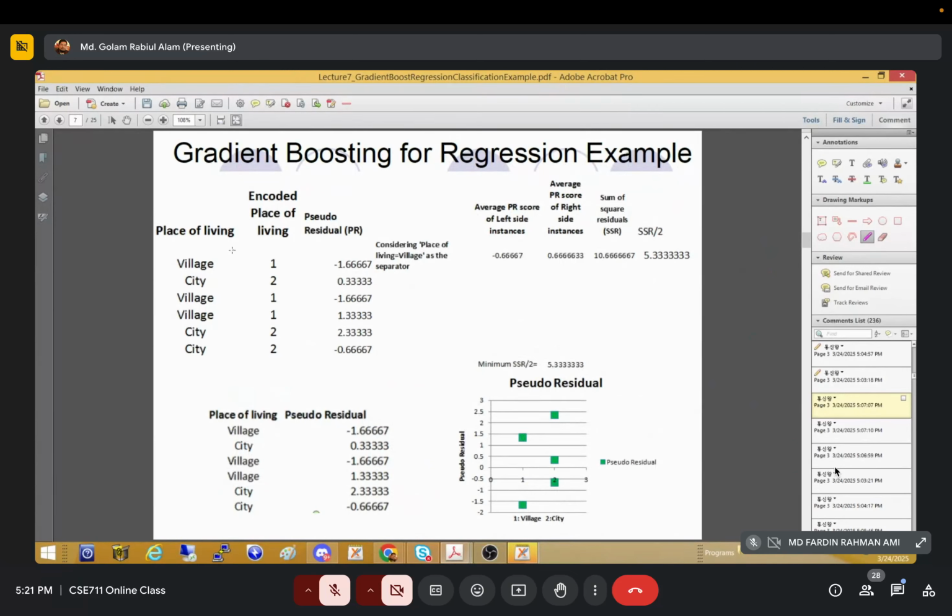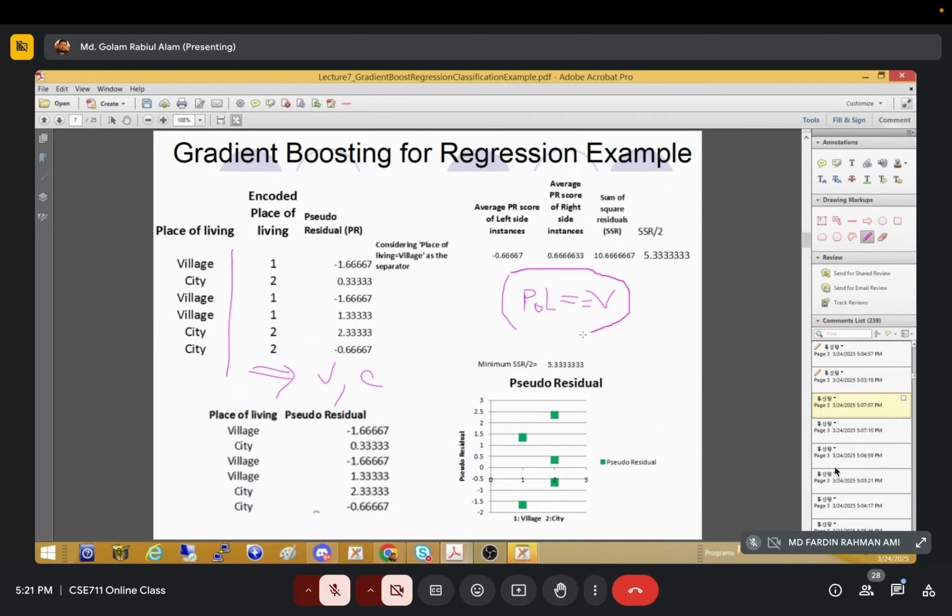For place of living we can see just two types: one is village and the other is city. So the splitter can be: place of living equals village.